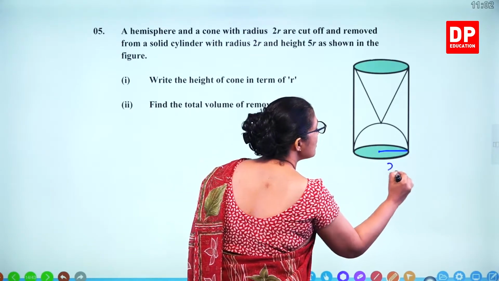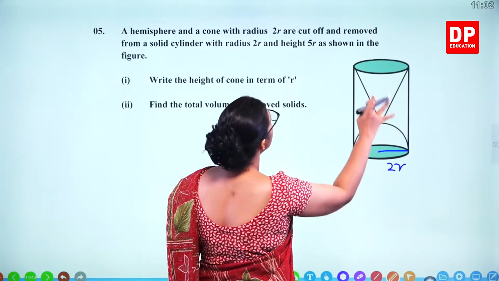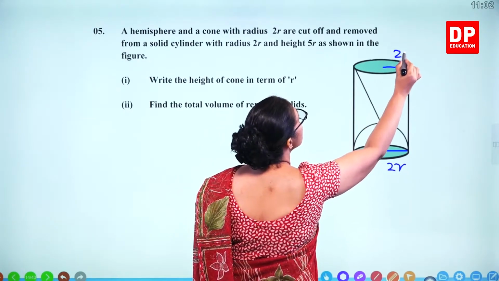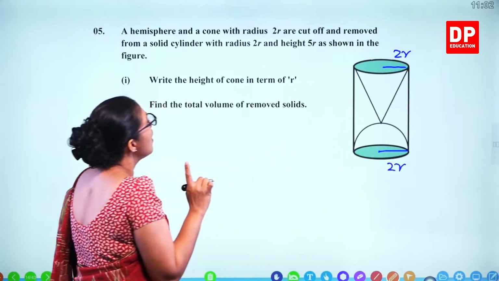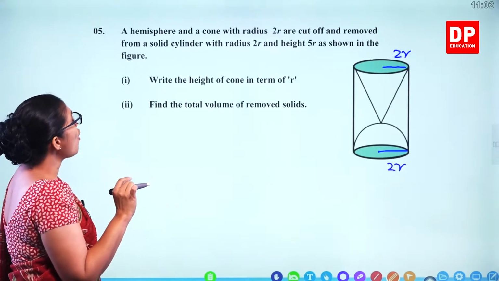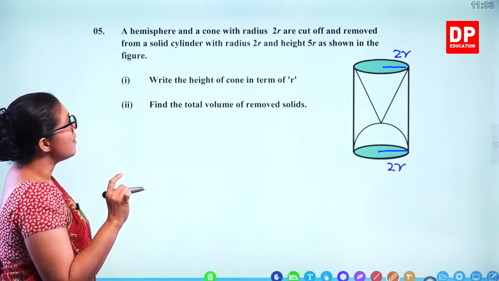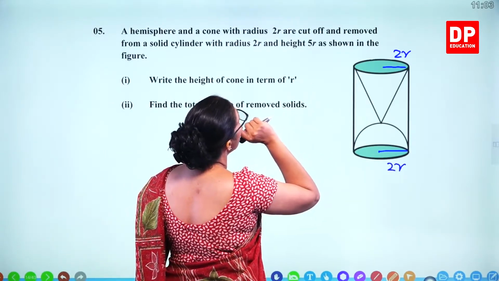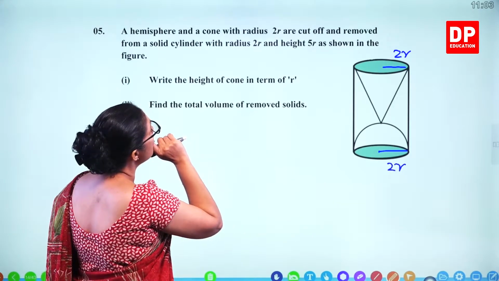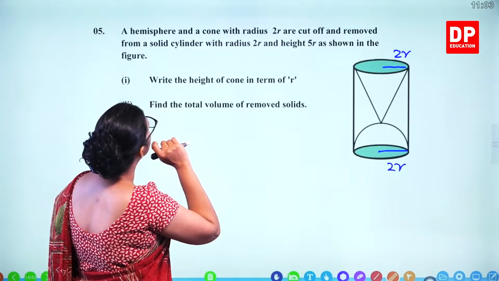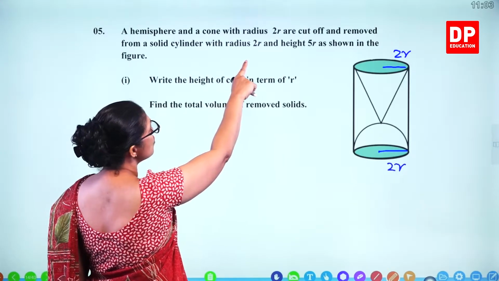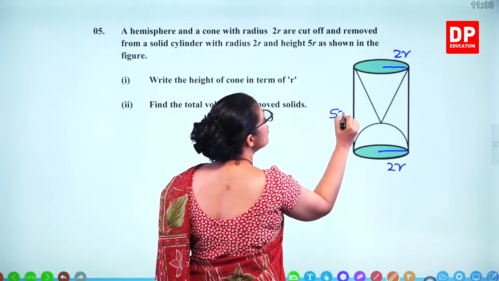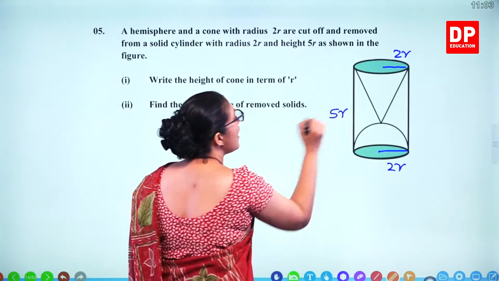Radius means this one is 2r. Cone is also radius 2r. Are cut off and removed from a solid cylinder with radius 2r and height 5r, as shown in the figure. So the total height is 5r.